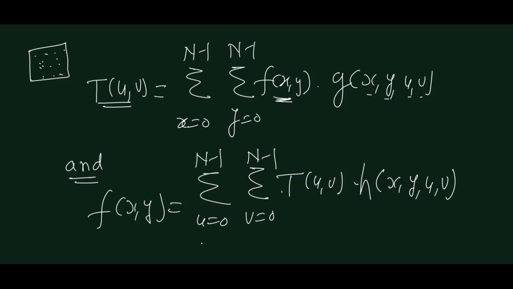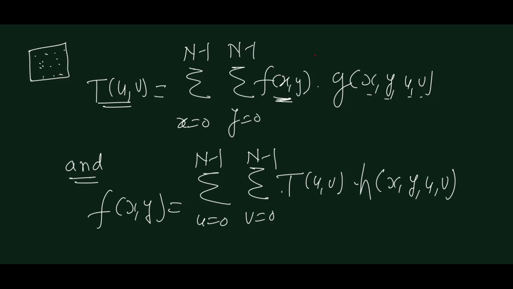Now using these two equations, we are going to discuss something important that will help you a lot for computations. What is the equation? Now I am going to write it in matrix form.